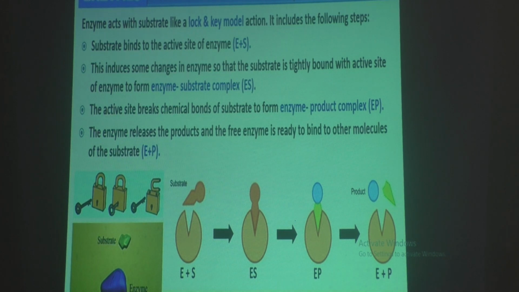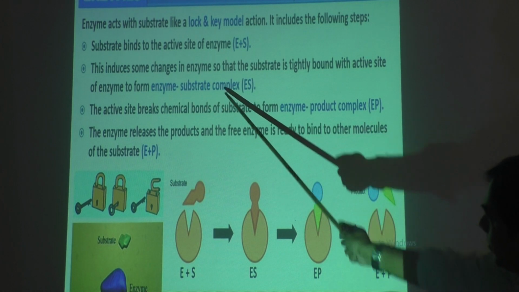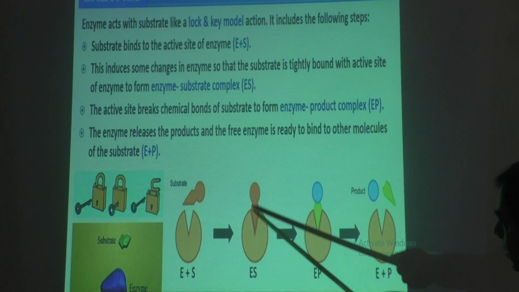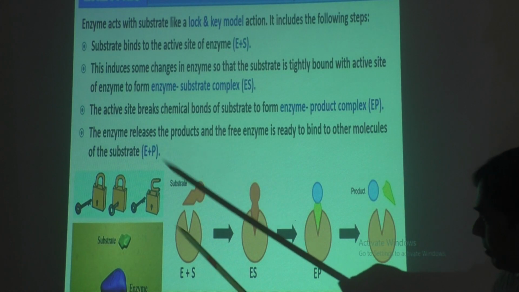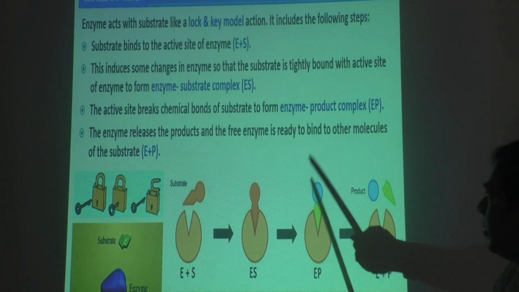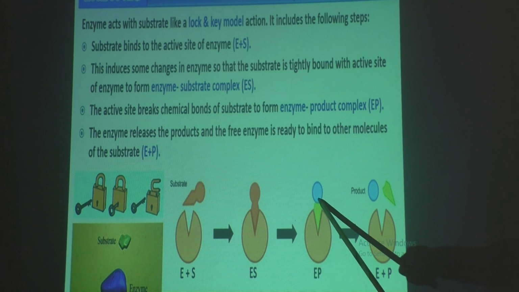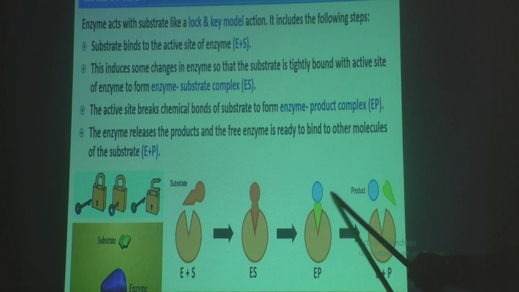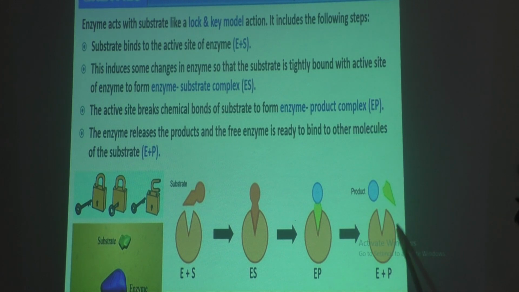That is called enzyme substrate complex, meaning enzyme and substrate bound to each other, then it becomes a complex. Then product is produced and product is separated.